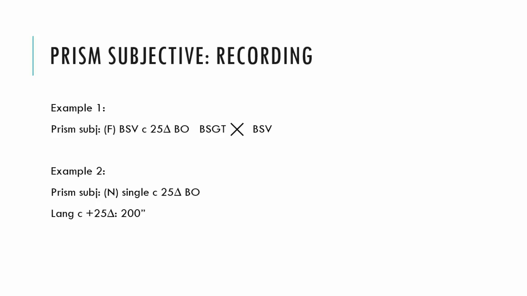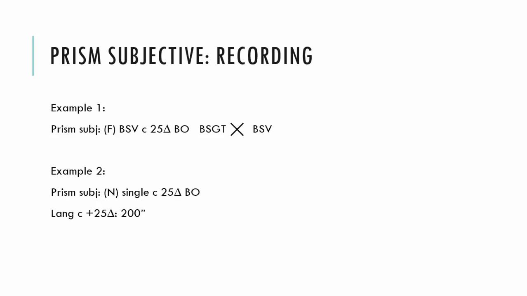Secondly, with the Prism Subjective in particular, we can utilise this as a form of treatment. We can try and give a patient BSV, particularly if they come to your clinic with a complaint of diplopia. We can use prisms to give patients binocular single vision, and the way we would find out what prism to prescribe would be by the utilisation of the Prism Subjective.